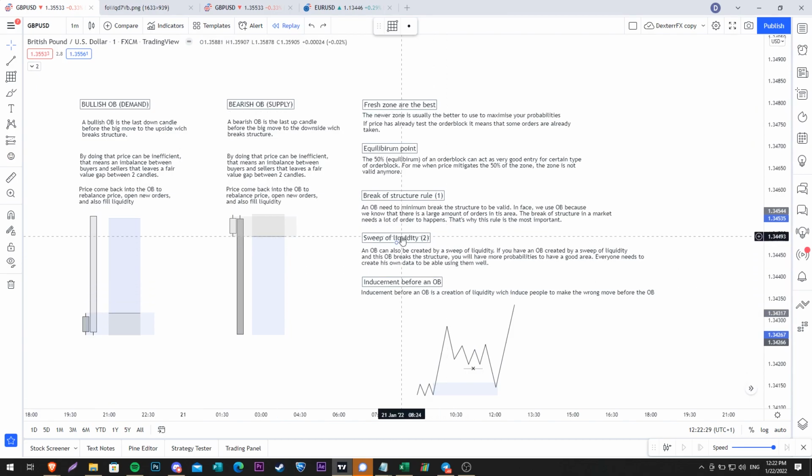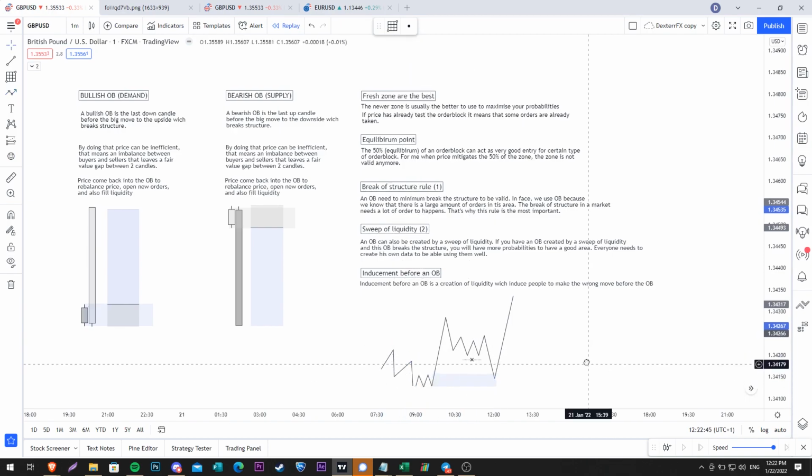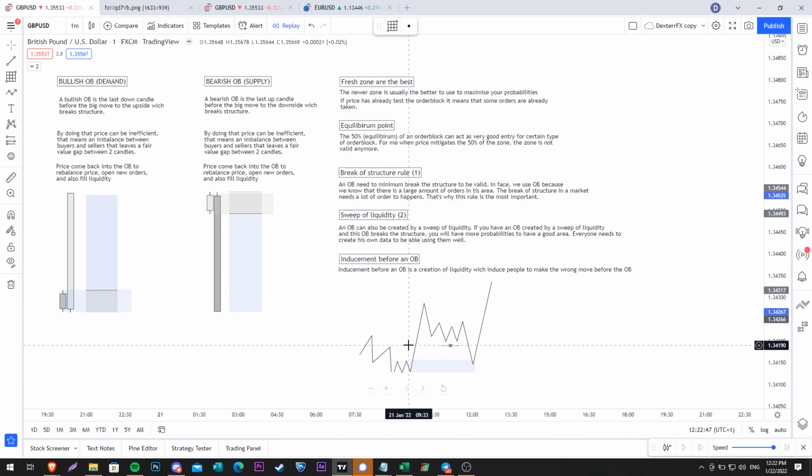Inducement before an order block is a creation of liquidity which induces people to make the wrong move before the order block. So for example here, we were maybe like this. Okay, we accumulate here. We break the structure. Here we come back a little bit, recreate a little structure, then we break this little point.